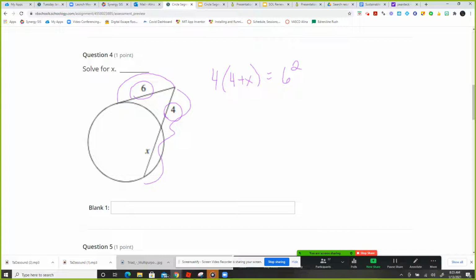And then we're going to clean that up, so we're going to distribute, and then we're going to solve. So take a minute and solve that 2-step equation. Those shouldn't take any time at all. I've been doing those since middle school. And what'd you get for x for number 4? Beautiful, that's what I got too. And again, the question is asking us for x, so we're done. X equals 5.